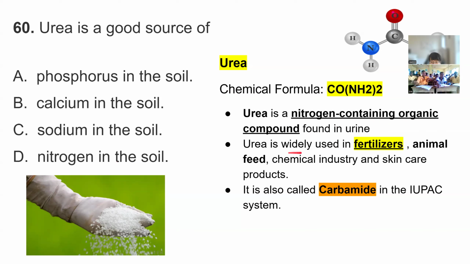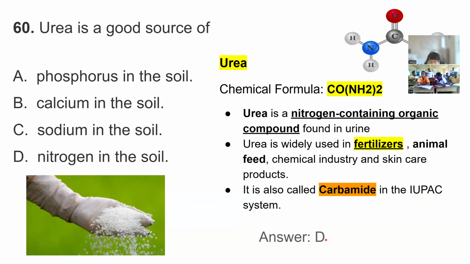Urea is widely used in fertilizers, animal feed, the chemical industry, and skincare products. Another name is carbamide in the IUPAC naming system, but we can see the answer is D, provides nitrogen, and that is the important thing to know.